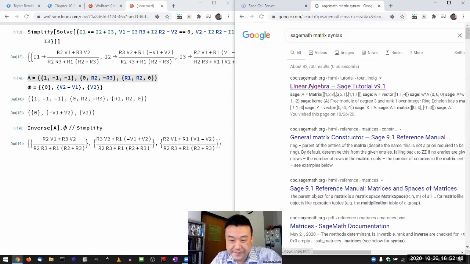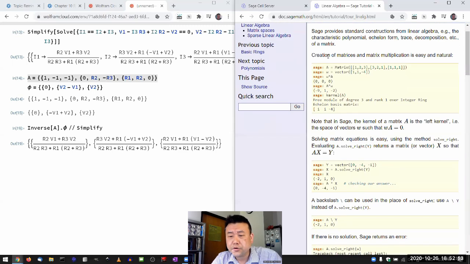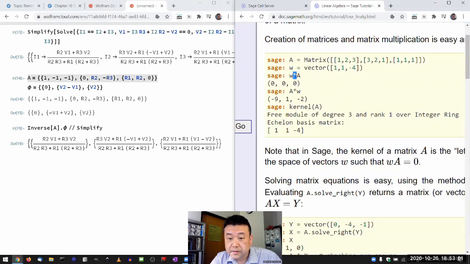Okay, there it is. So this is how you can look up helpful documentation. I think 9.1 is the latest version, and this shows you with examples how you'd be using it. Actually, it has one very useful thing, which is that it tells you that this asterisk symbol represents matrix multiplication.